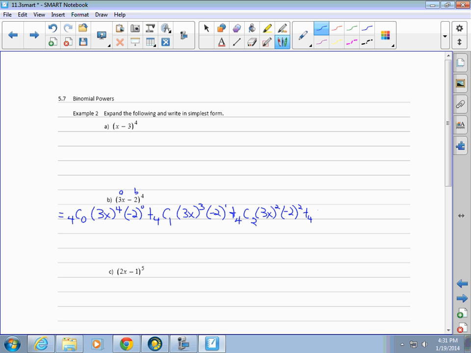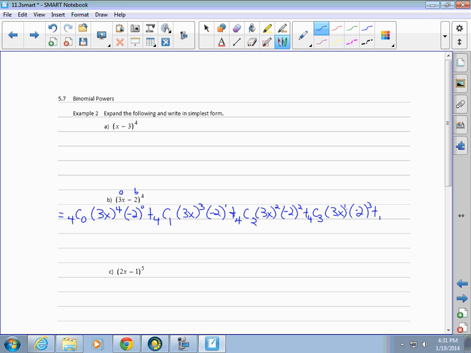Plus 4 choose 3, (3x)^3, (−2). Whoops, that shouldn't be a 3, it should be a 1. (3x)^1, (−2)^3.